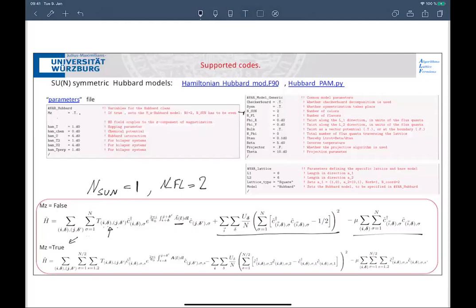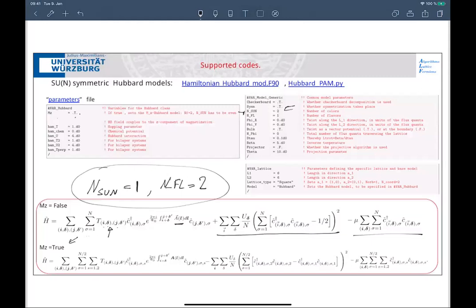This is a matter of discussion within our team, whether we can do this better. Some people think we can, etc. So that's what will happen. I'll repeat myself: if you put MZ equals true and N SUN equals 2 in this parameter, then the code will divide N SUN by 2 and use these parameters.